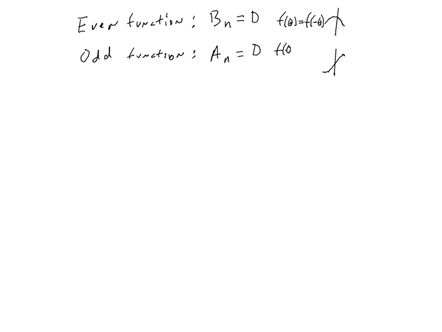And an odd function is f of theta is equal to negative f of minus theta. And that's the exact same symmetry that you see from sine and cosine functions. So this is only cosine. This is only sine.